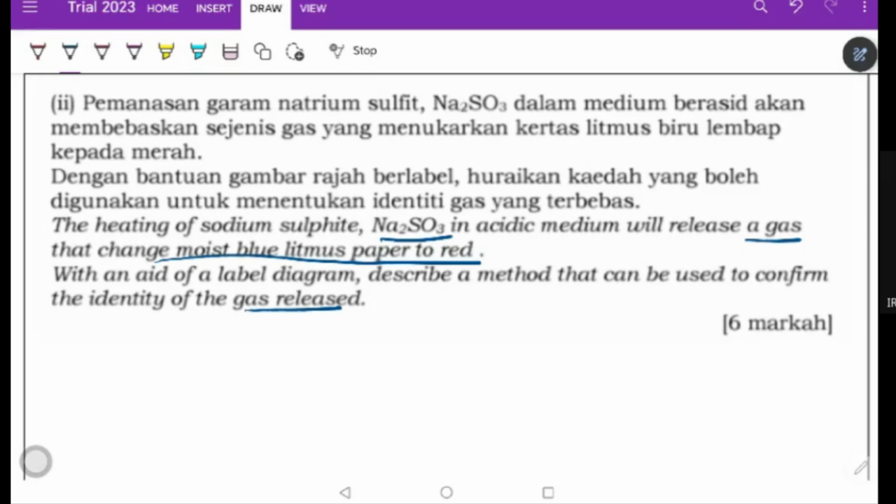What do you think is the most likely gas produced? Sulfur dioxide. Okay, 6 marks. How to verify the gas?